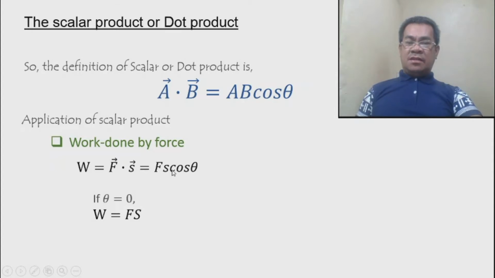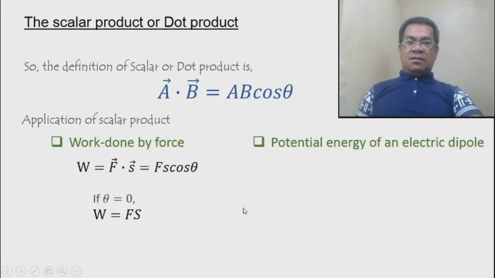The cosine of 0 is 1 when you use your calculator, so W is simply F times S. That's why we define work as the product of force and displacement, but this is true only if the angle between them is 0 because they are parallel. If not, then you have to use the cosine.